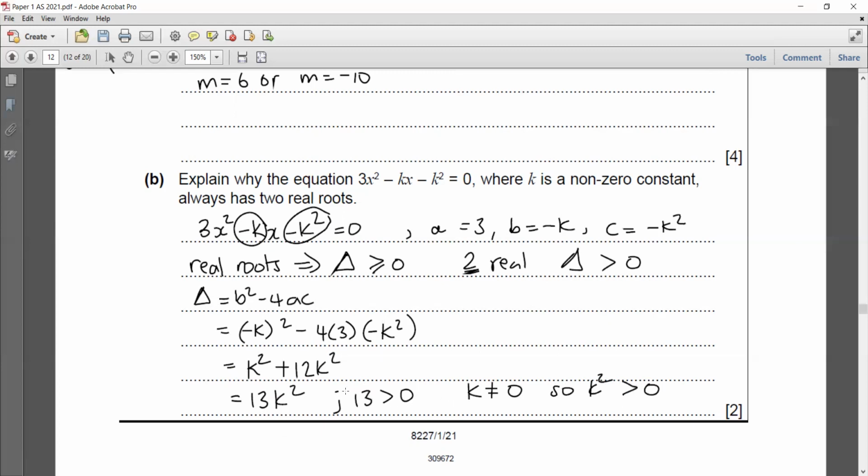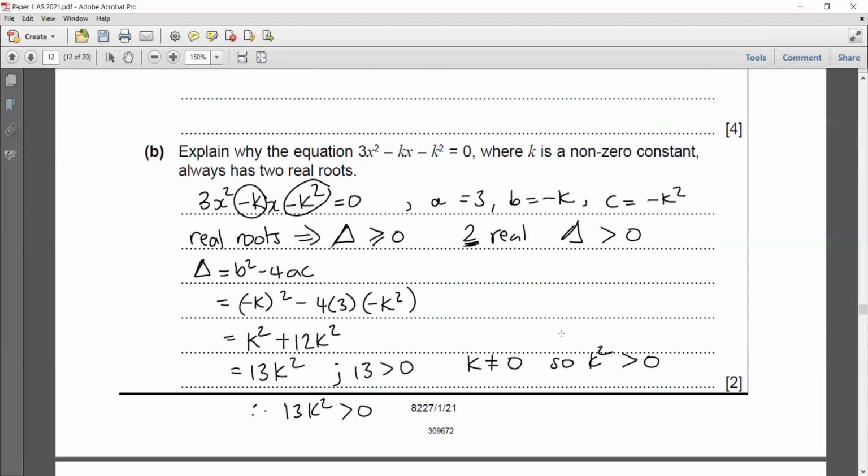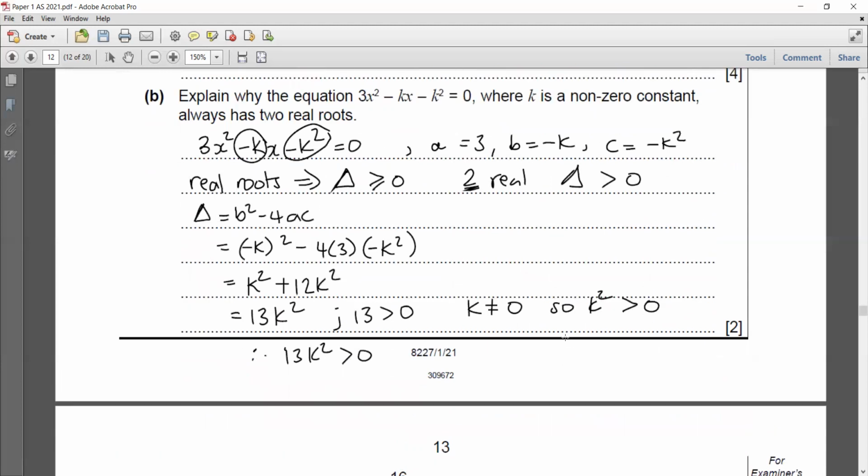So if I have a number 13, which is positive, and I multiply it by another number which is positive, then the answer is positive. So therefore 13k squared is greater than 0. Okay, and then since the discriminant is greater than 0, then we can say that we have 2 real roots.